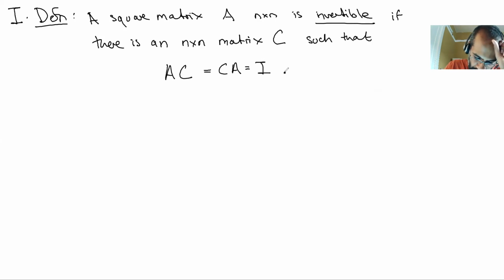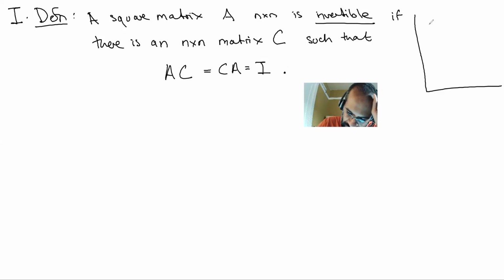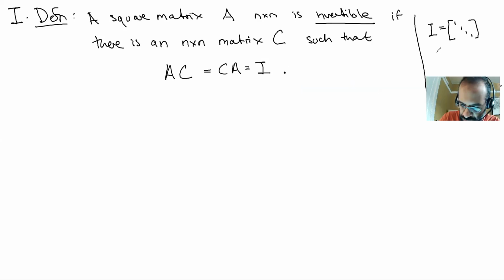Again, remember, identity is this very important matrix which just has as its columns the standard basis vectors, and it corresponds to doing nothing, right? Identity times x equals x. So that's an invertible matrix, and if there is such a matrix C, that's called the inverse.